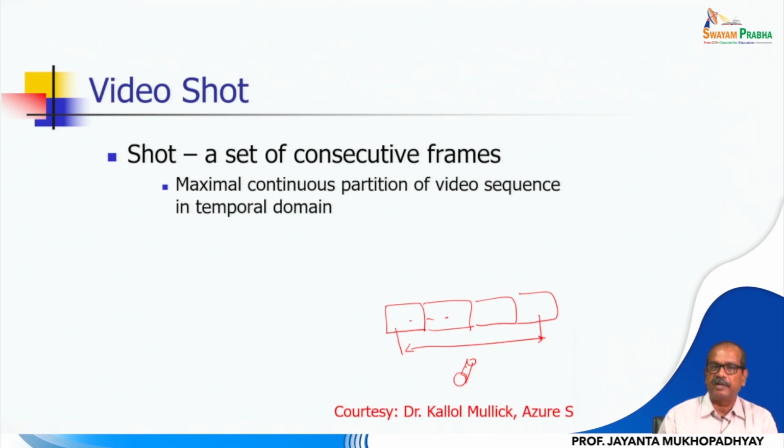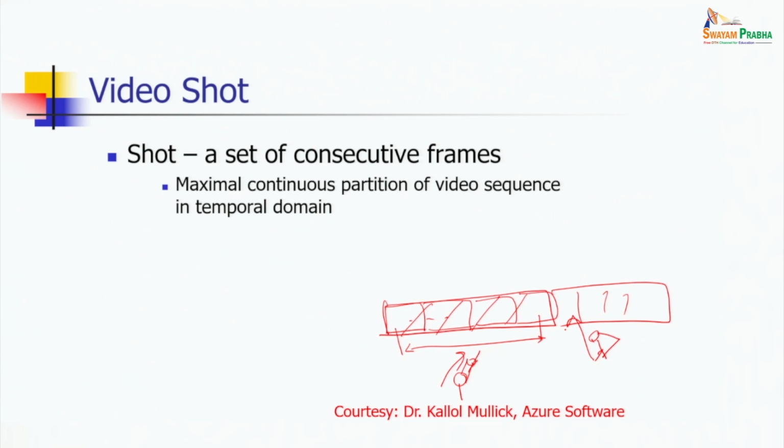So you have a video camera, so you consider sports video. There are say multiple video cameras, and from this video camera you have taken certain portions. From this video camera you have taken another portion. So we call this one shot from this view, and these images are from another view.